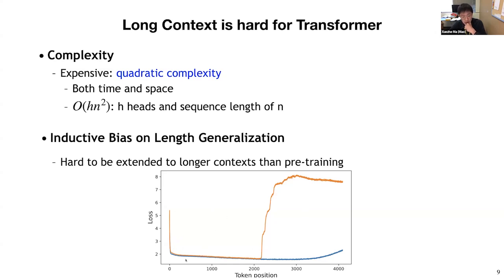Both models are pre-trained with 2,000 tokens. But once we apply the pre-trained model to longer context, the Mamba model works well and the loss is stable, at least within some range of tokens, but the transformer's loss just explodes immediately after we have a longer context than in pre-training.